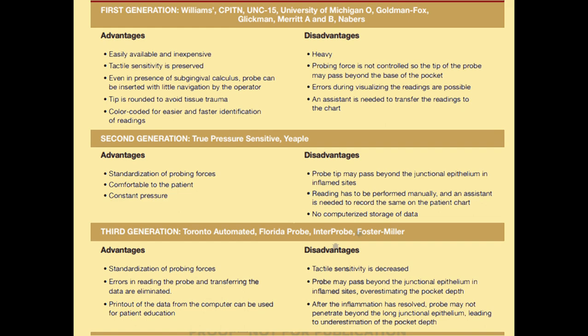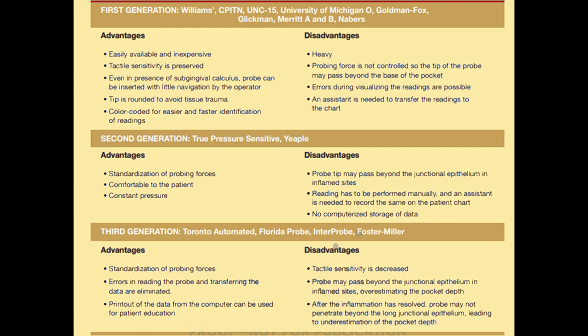Advantages are standardization of probing force, comfortable to the patient and constant pressure. Disadvantages are probe tip may pass beyond the junctional epithelium in the inflamed site. Reading has to be performed manually and an assistant is needed to record it on the patient's chart. No computerized storage of data is there.